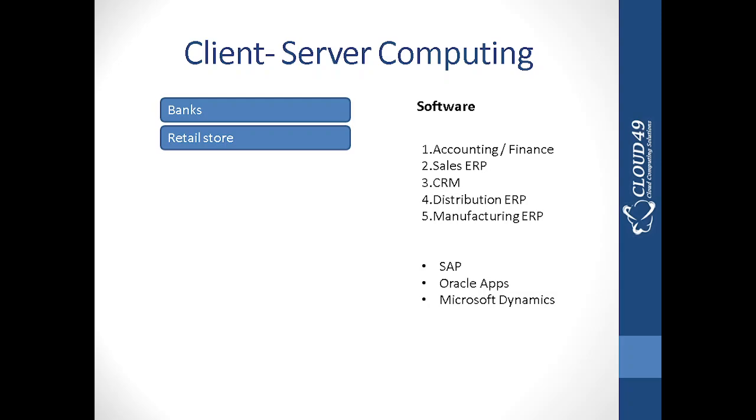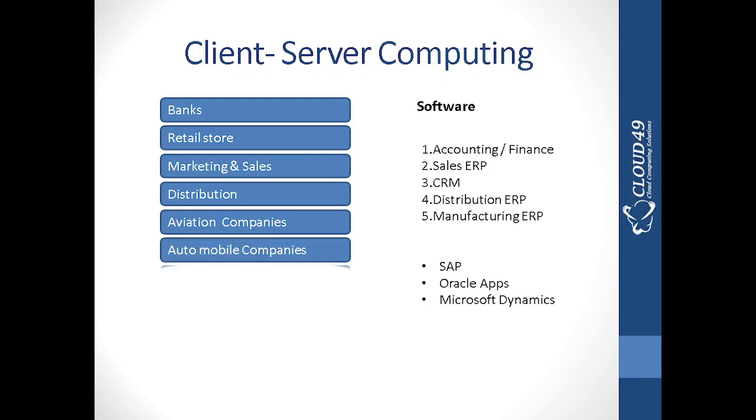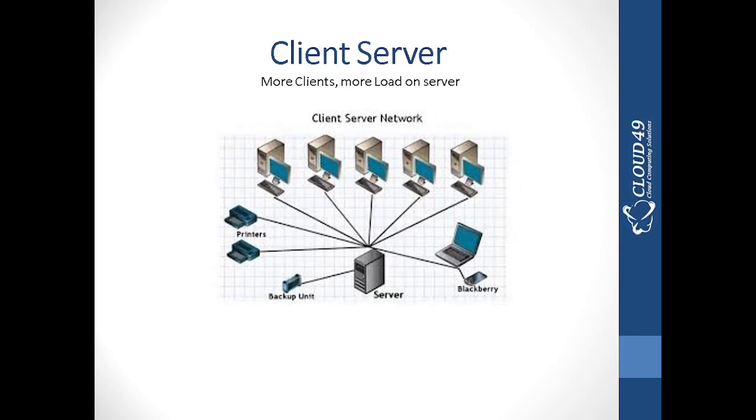You can find this type of network in retail stores, in marketing and sales, and in the distribution of software or applications. Aviation companies also use the client server computing model. In automobile companies you find this type of client server computing model, and you will find it in all kinds of companies.